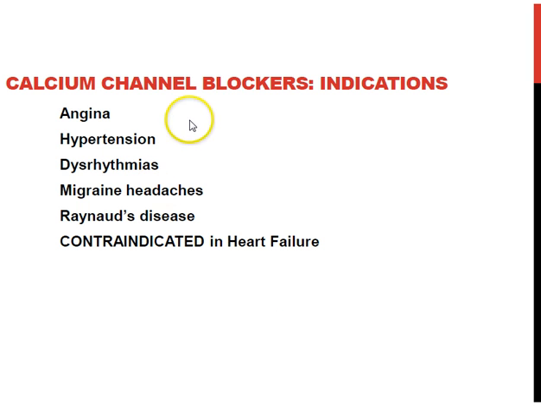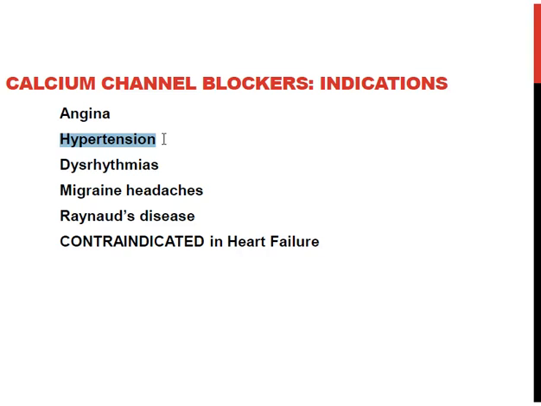So, why do we use calcium channel blockers? We use them, as we discussed in an earlier lecture, to deal with angina. If we decrease the systemic vascular resistance of the blood vessels, then we decrease the work of the heart, we decrease oxygen demand, and angina can be resolved. We use them in hypertension. If you increase vasodilation, in other words, decrease systemic vascular resistance, you get lower blood pressure.